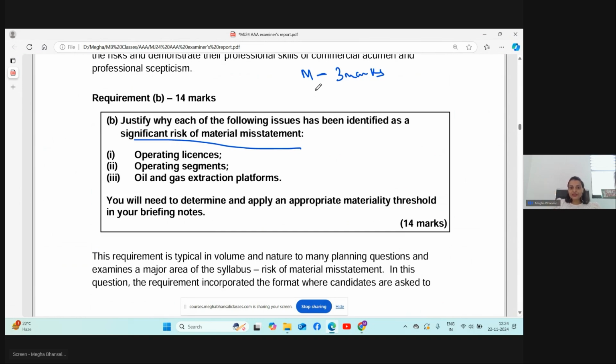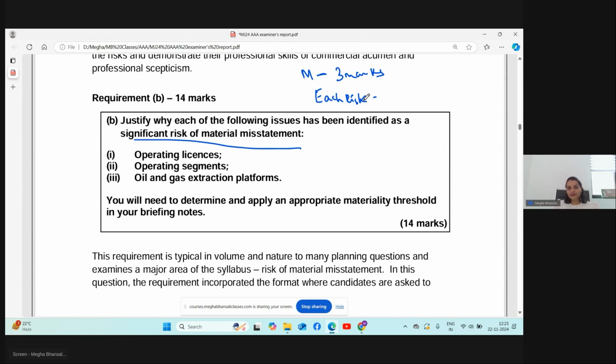After that, for each risk, if you have said, for example, this is a very specific question, but in a generic question, if I say intangible asset is 15% of my revenue, or 15% of my profit before tax, therefore it is material.